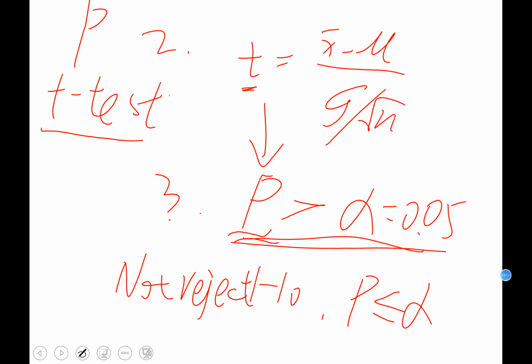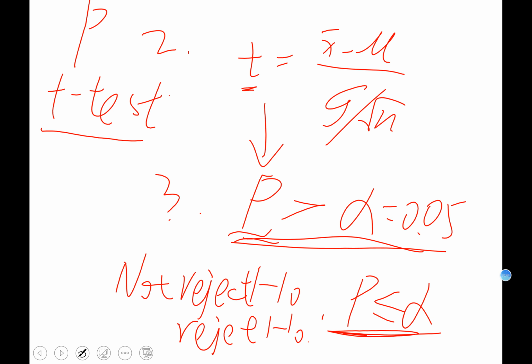So when the sample has a probability which is less than alpha, we believe that it cannot happen. So we need to reject H0. If we reject H0, that means the two populations are not the same.